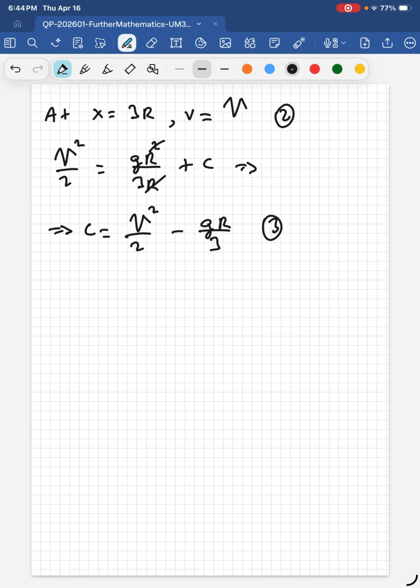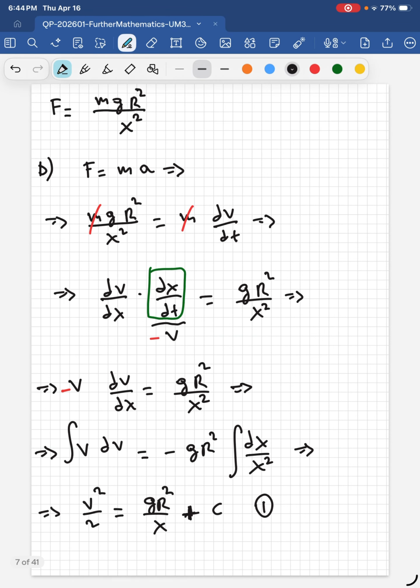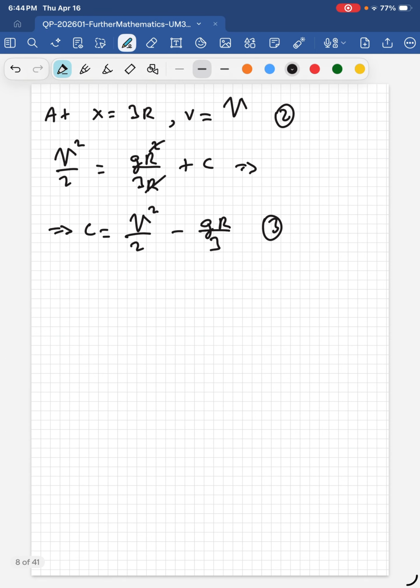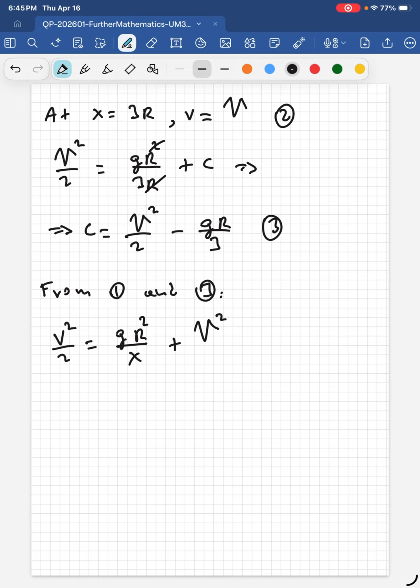No. Okay. So from 1 and 3, we have that v squared over 2 is equal to g r squared over x plus this V squared over 2 minus g r over 3.